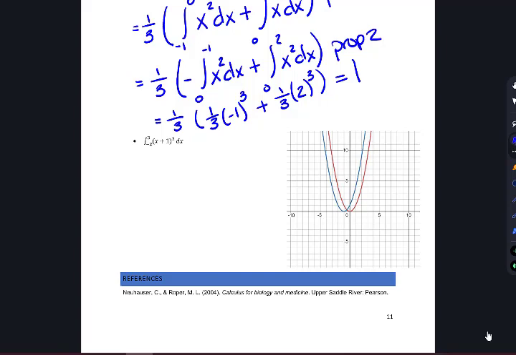To see what we can do, let's look at the graph of x plus 1 squared and the graph of x squared. Here in red, we have x squared. Here in blue, we have x plus 1 squared. So notice that the graph of x plus 1 squared is the graph of x squared shifted to the left by 1.